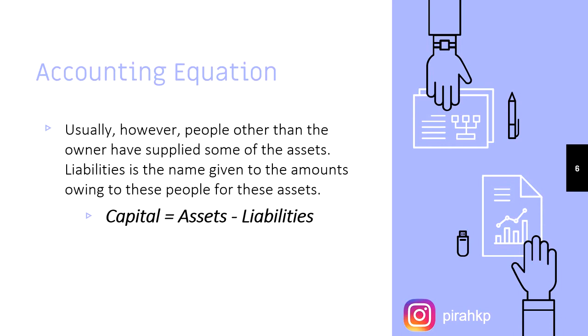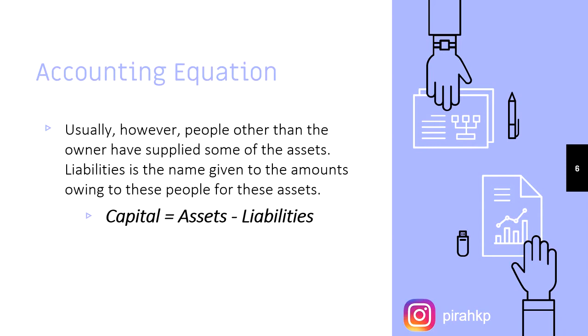Now, for finding out the exact amount that was supplied by the owner, we have to deduct those things that were supplied by other people. So, we deduct liabilities from assets. Assets is what? Total things available in a business. I hope you understood the accounting equation so far.